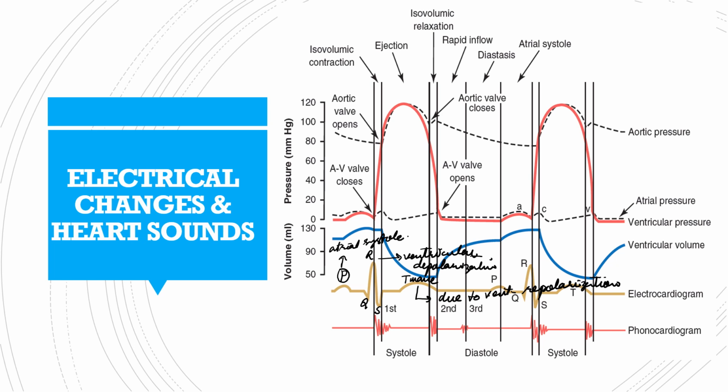Last event that occurs in the cardiac cycle is phonocardiogram, meaning the appearance of heart sounds. When listening to the heart with a stethoscope, one does not hear the opening of the valves because this is a relatively slow process that normally makes no noise.